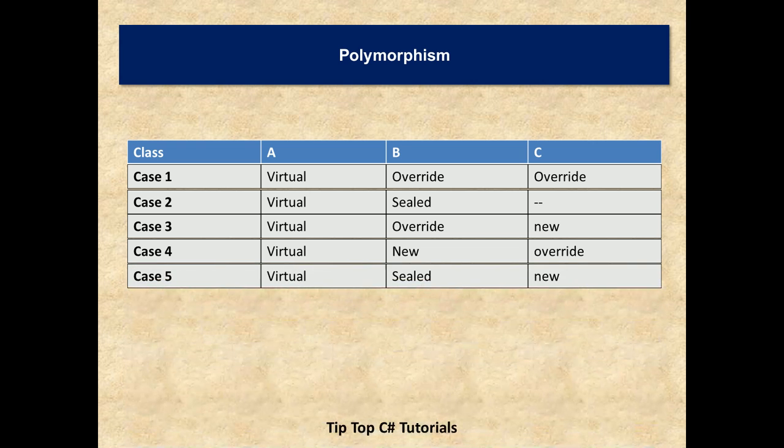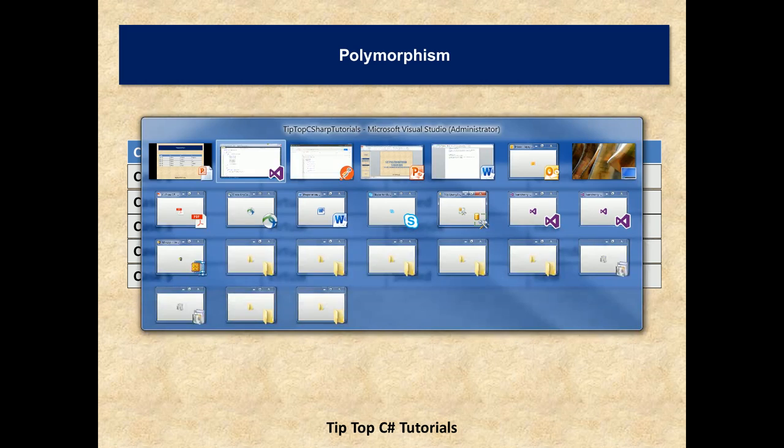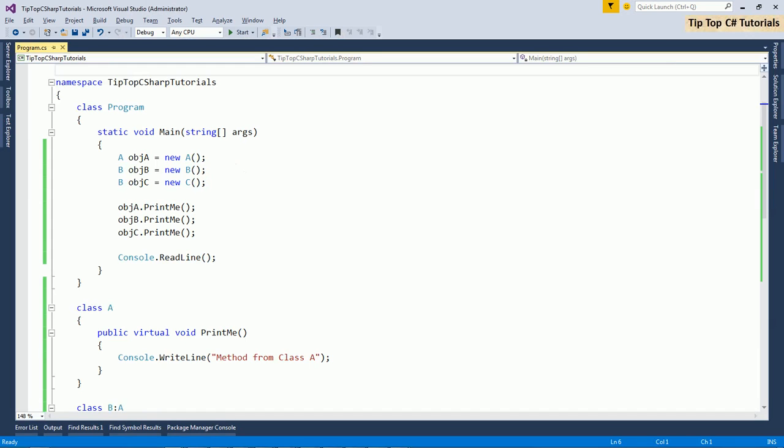Now case 5 is virtual, sealed and new, where the base class defines the method as virtual, B is marking it as sealed, and C is trying to create a new one. Let's see.